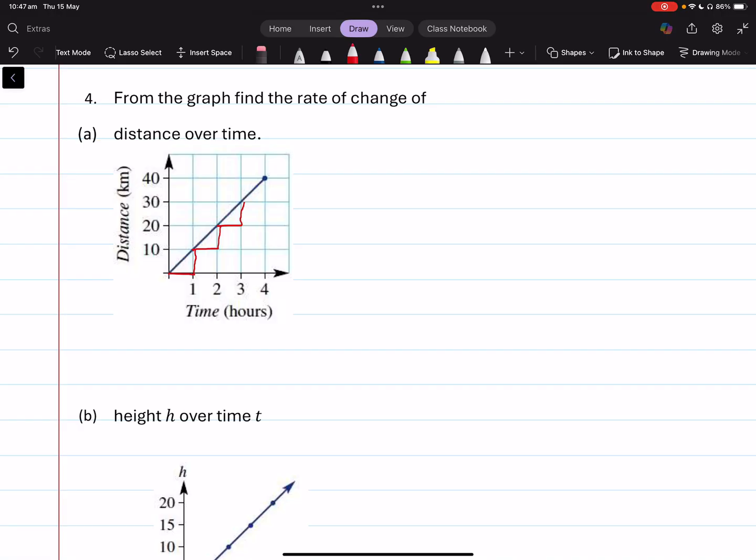That's just like our gradient that we studied in a previous lesson. So here, the rate of change of distance is 10 kilometres per 1 hour. And of course, we could write that as 10 kilometres per hour. That is the rate it's changing, 10 kilometres every hour.